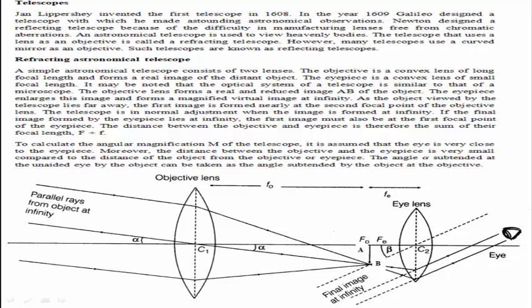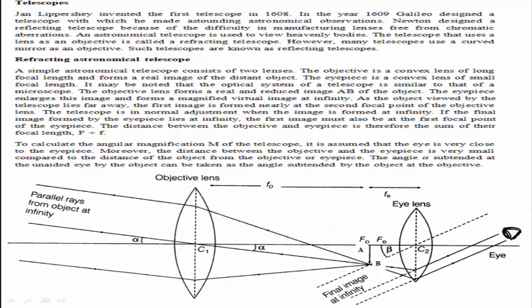The objective lens forms a real and reduced image AB of the object. The eyepiece enlarges this image and forms a magnified virtual image at infinity, as the object viewed by the telescope lies far away. The first image is formed nearly at the second focal point of the objective lens.